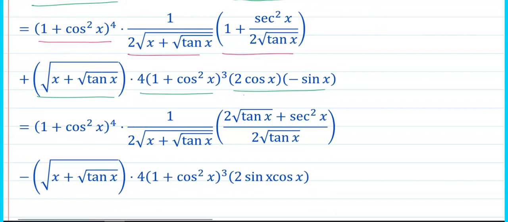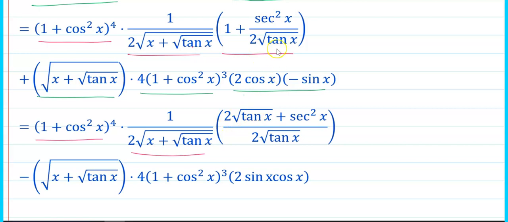The derivative is now done, we only have to simplify. 1 plus cos square x bracket to the power 4, yes, it is as it is. This term is as it is. Next, 1 upon 2 times root of x plus root of tan x. Yes, it is again as it is. What about simplification here? 1 plus sec square x upon 2 times root of tan x. That is 1 into 2 times root of tan x plus sec square x.